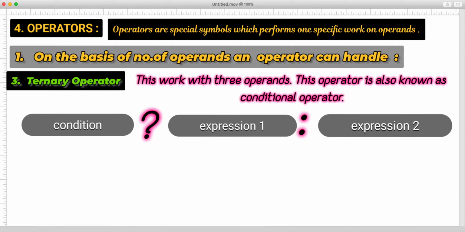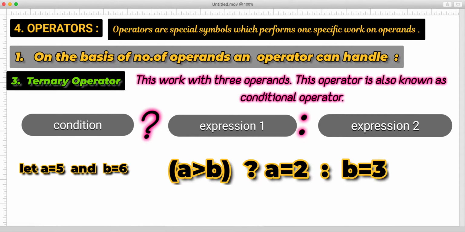So here what it means, let us understand this with an example. As you can see on the screen, we have written a greater than b question mark a is equals to 2 colon b is equals to 3. So here what it means is that suppose a is equals to 5 and b is equals to 6. Now here a greater than b is the condition.